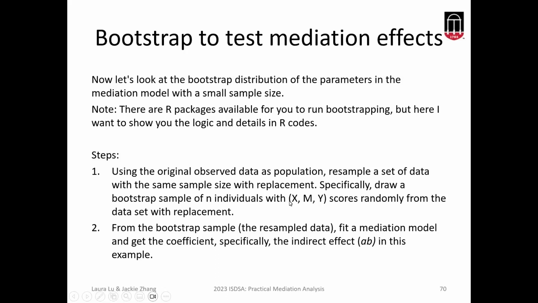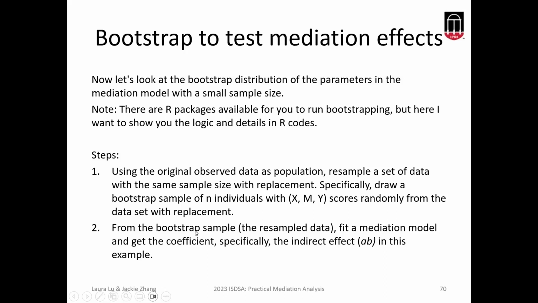We have 3 variables, so every time we draw these 3 variables from the observed data, and the sample size stays the same, n. Once you draw a bootstrap sample, you run a mediation model.